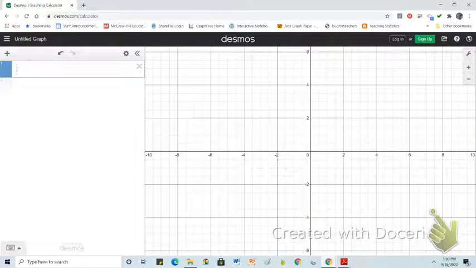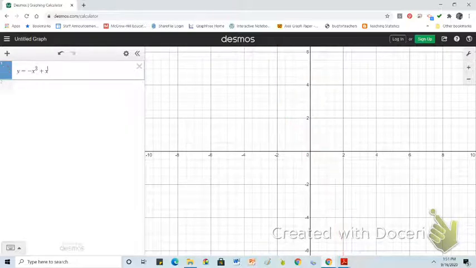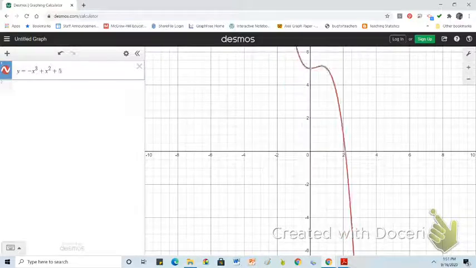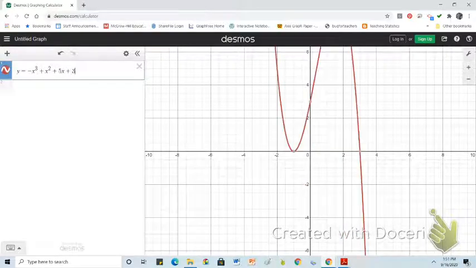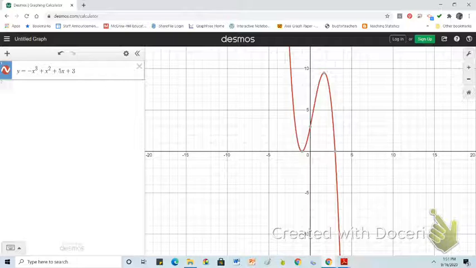So I'm over here at Desmos, so I'm going to plug in my polynomial. Y equals negative x raised to the third plus x squared plus 5x plus 3. Now as you can see, I can't see all the points I need, so I'm going to zoom out until I can see them.